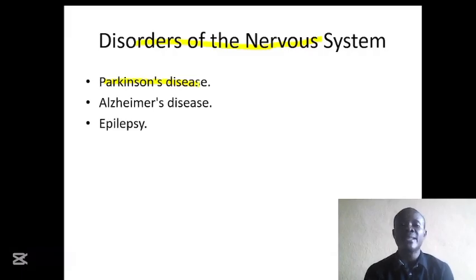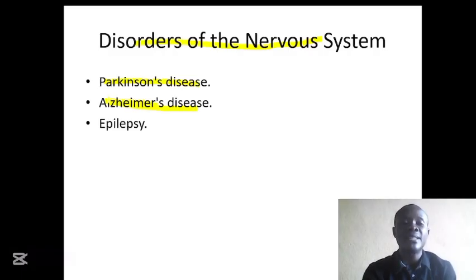So in this case, when the person is moving, you can observe slow movement. Two, tremors will occur. Example, the person's hand will be shaking, and stiffness of the body will occur.